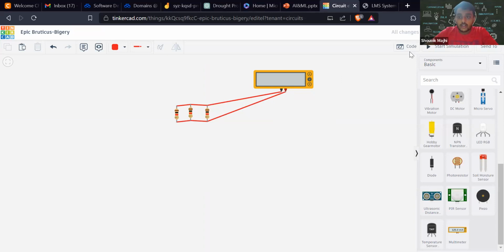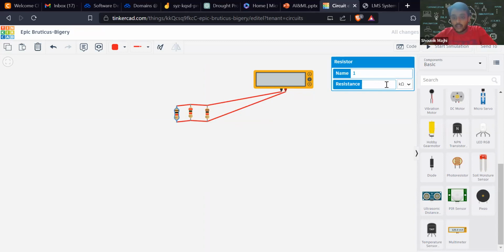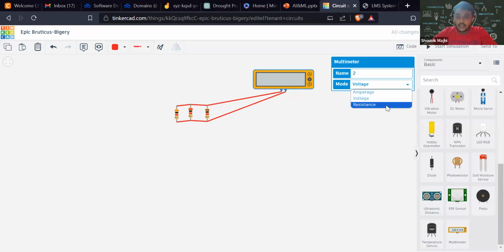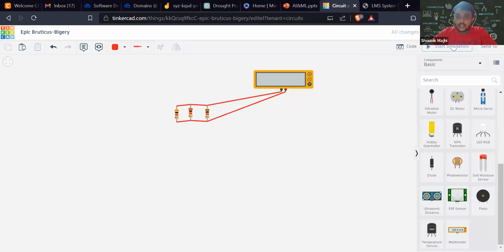Now let us set one as my 1 kilo ohm resistance, another as my 2 kilo ohm resistance, and another as my 3 kilo ohm resistance. So this completes my connection, and let us go to resistance and start simulation. See, it's giving me 545.